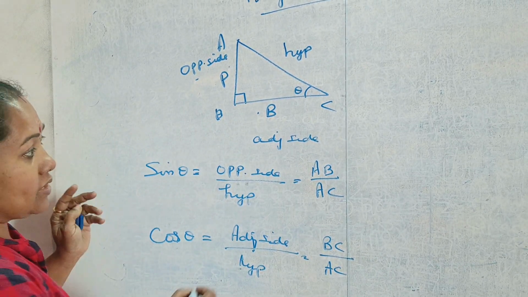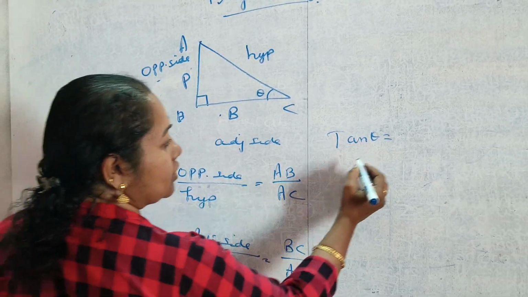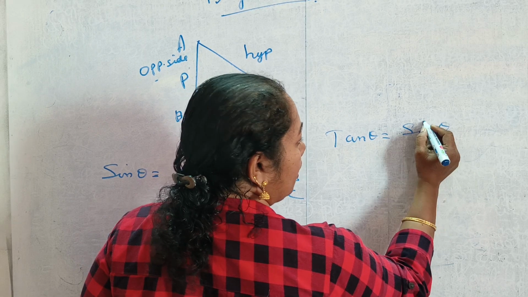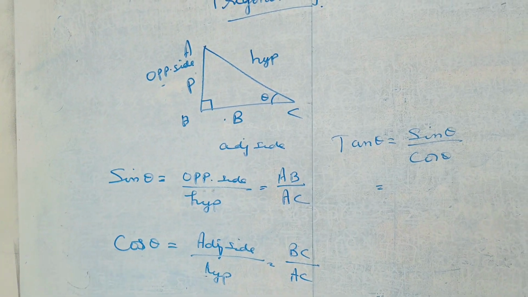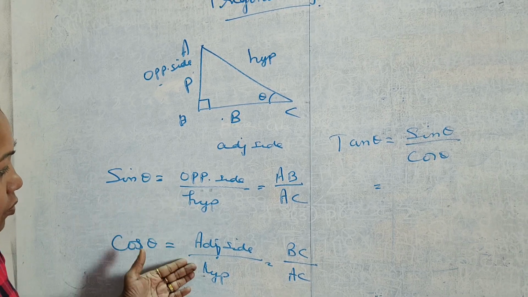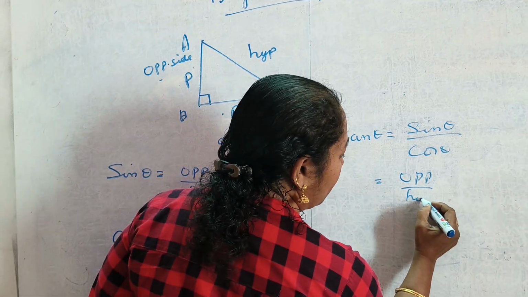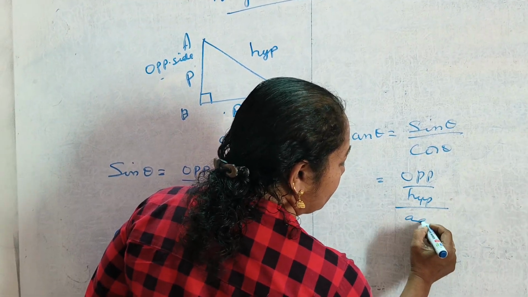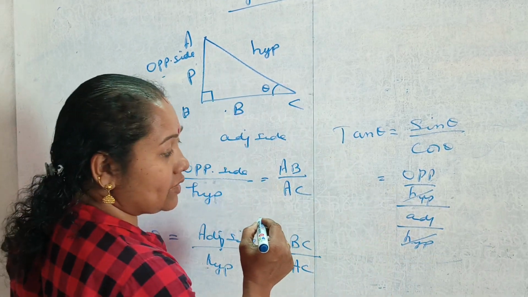Now what is tan theta? Tan theta is equal to sin theta upon cos theta. And what is sin theta? Opposite side by hypotenuse upon adjacent side by hypotenuse. These two hypotenuses will cancel out.